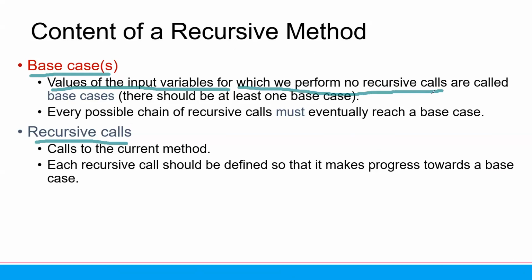So this is the stopping point. There should be at least 1 base case. If you don't have the base case, it will be infinite. Every possible chain of recursive calls must eventually reach a base case.